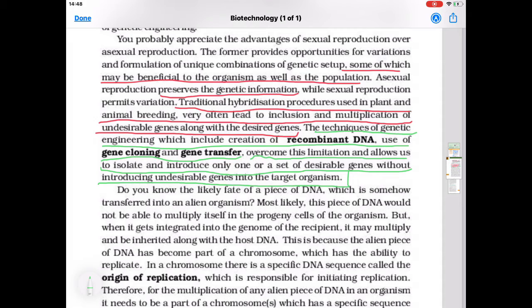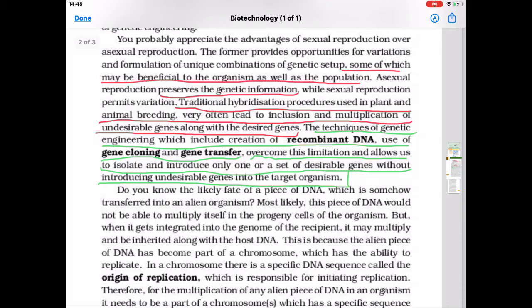Under the recombinant DNA strategy, we take only the desired genes, clone them, and then transfer them into the desired host. So in this way only desired characters are passed to the target organism under biotechnological techniques.